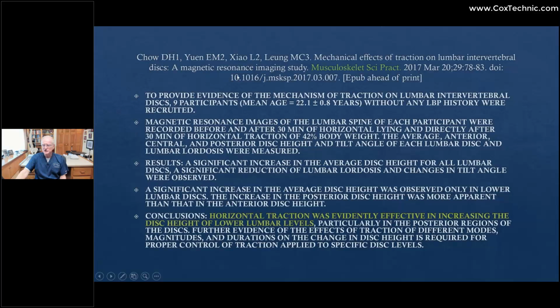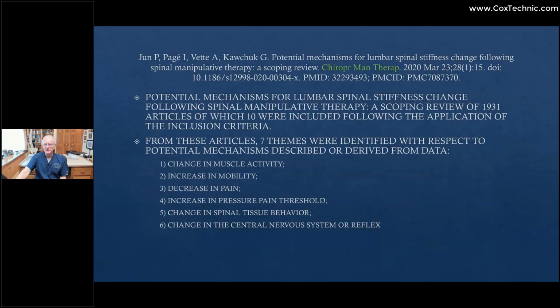This paper by Chow, as we move to the treatment, I just urge you to remember about the mechanical effects of distraction on any segment of the cervical spine. It shows that the horizontal distraction force that we are applying increases the disc height.